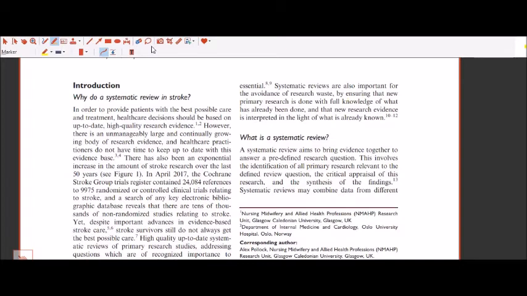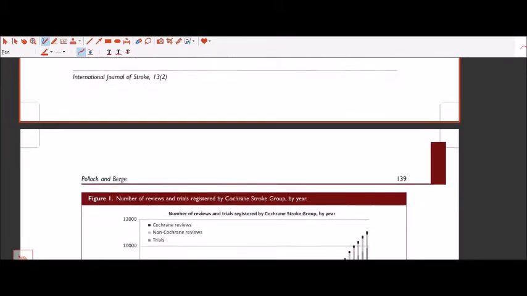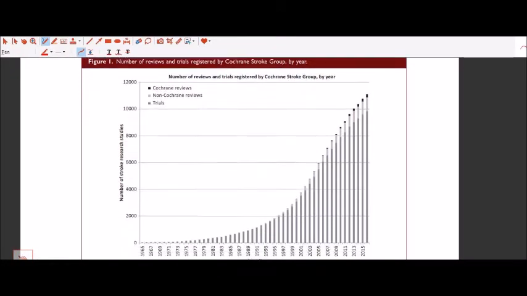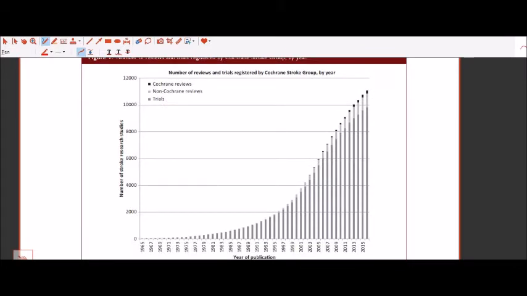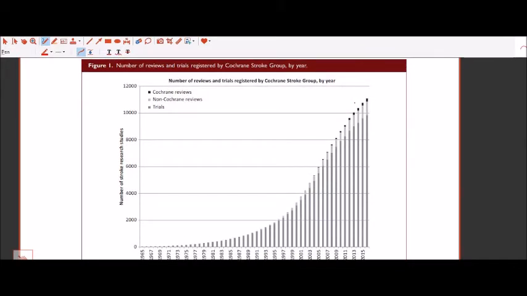Let me just show you the steps they have taken. They have discussed what a systematic review is, number 1. Number 2, they have showcased certain visualizations, and have a look at it out here. They are talking about both Cochrane reviews as well as non-Cochrane reviews. There is a reason behind it.